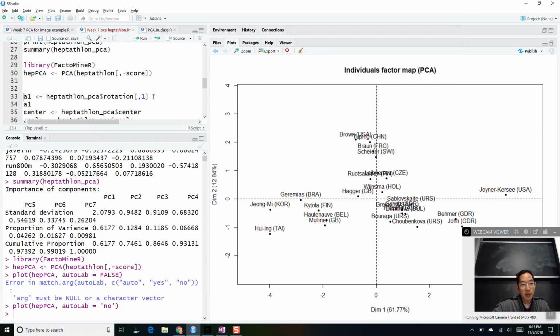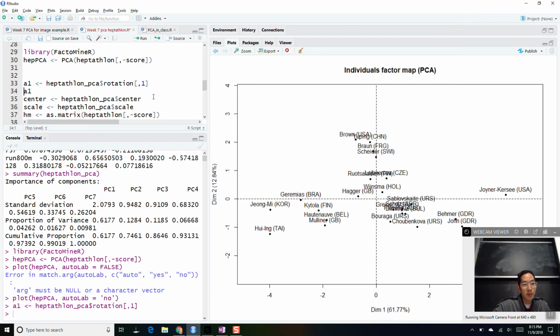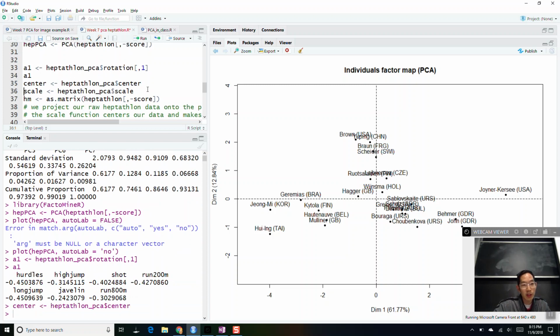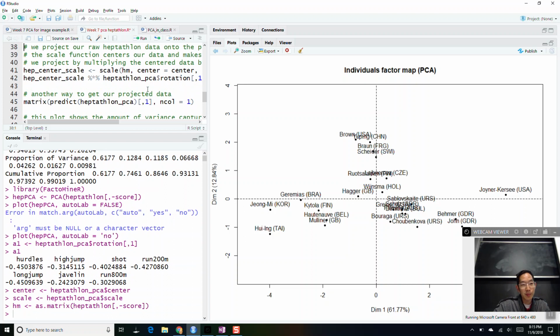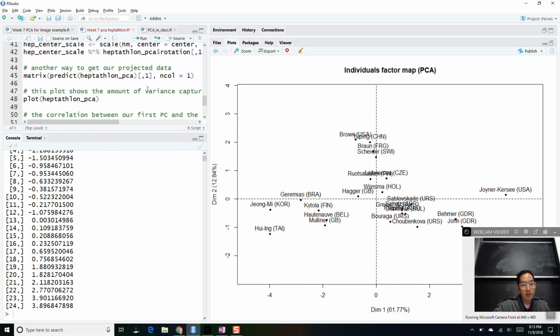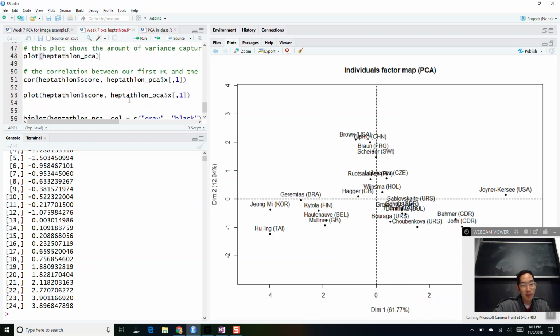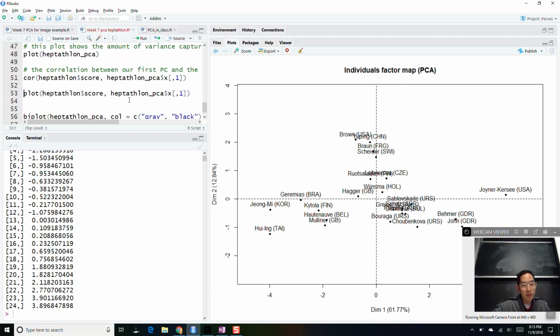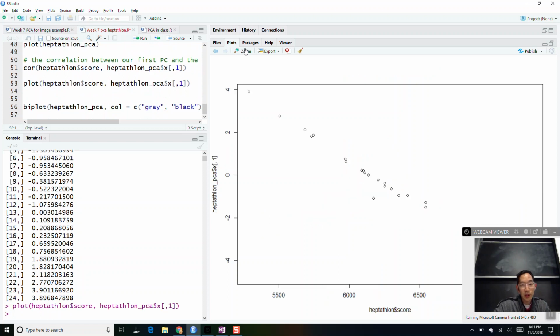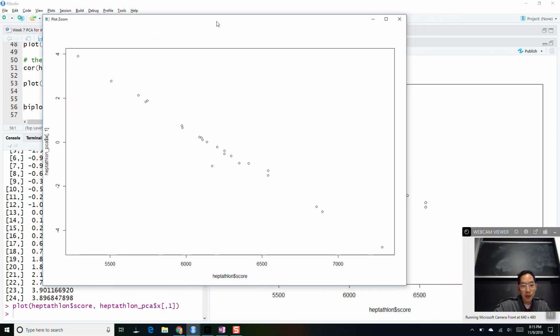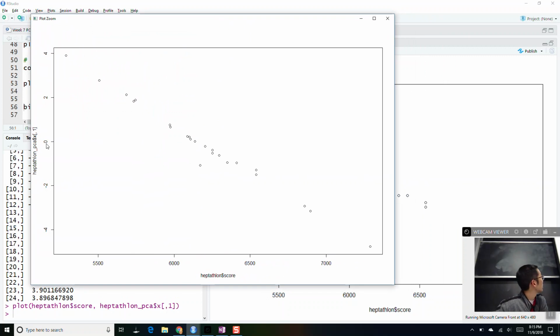We can look at just the first weighting, which is going to be the result of this. And if we project everything based on this, we can plot the actual score versus when we projected it down to one dimension.